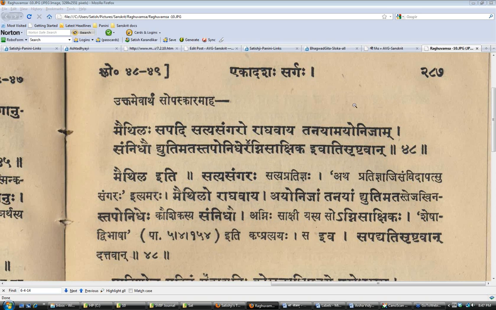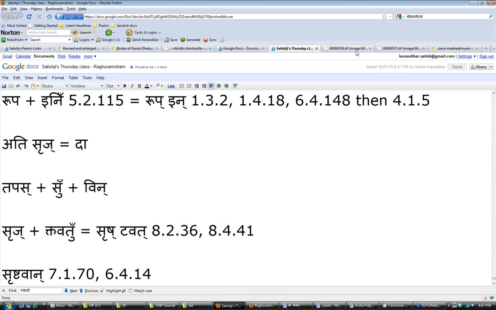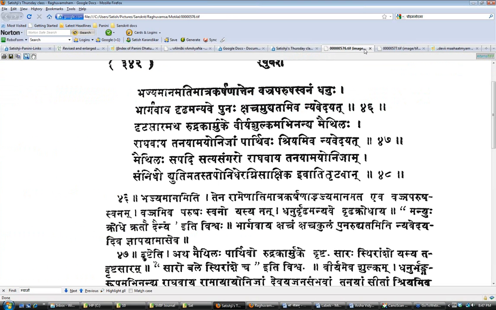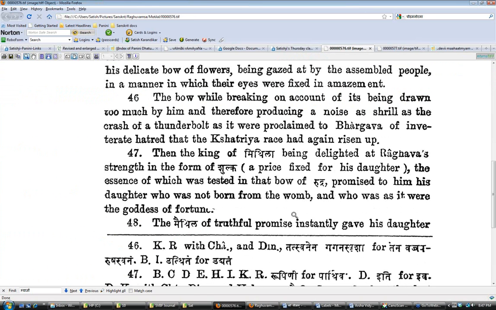So Nagaraja, you want to try this? Yes, ready. Let us see what we can get. I think we'll go to 2 pages here. Okay, the Maithilaha, so that's Maithila. That's easy. Okay, of truthful promise. Satya sangraha. Very good. Instantly, sapadi.